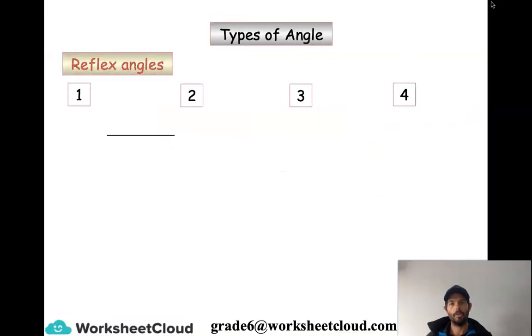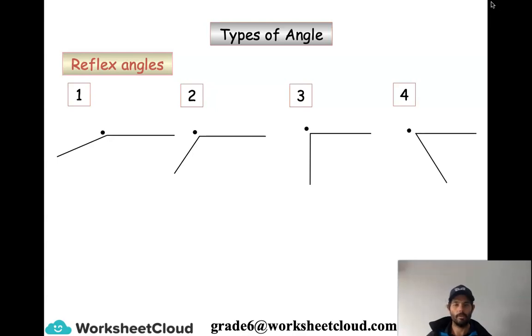And then the last one is a reflex angle, and that is the angle that is formed, if you want to think about it, on the outside of where the two lines meet. I always use my elbow to explain reflex angles to my class. That angle is going around the outside of the elbow, and the elbow has a reflex joint, so that's one way to help remember it.